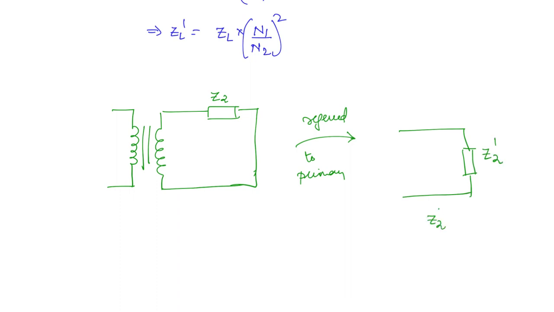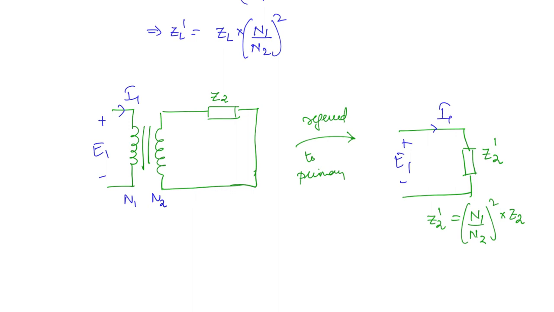So Z2 dash is equal to N1 by N2 whole square into Z2, right? These are the number of turns. This is N1 and this is N2. Now here this voltage is going to remain the same, and the same current that is flowing through here is going to flow through here.